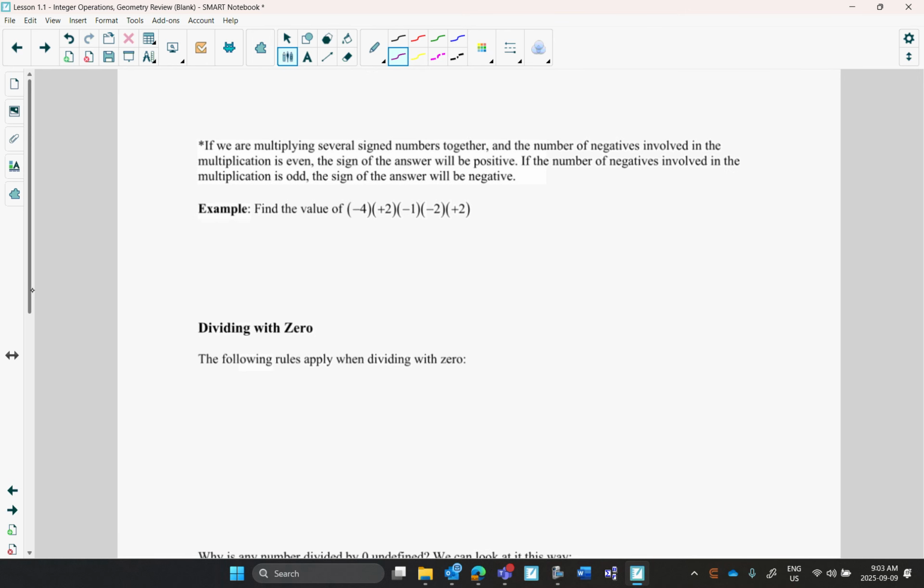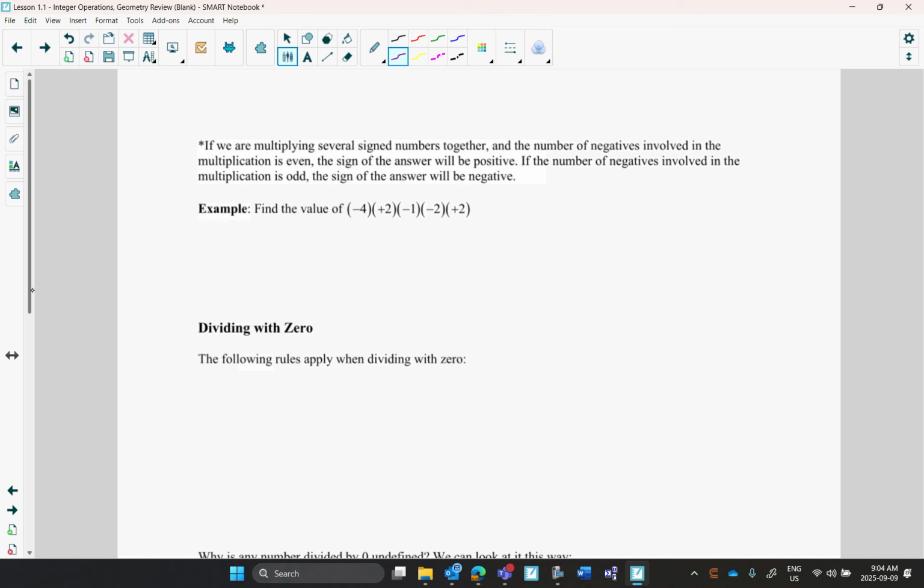What would you do if you had a string that you're multiplying together? If you think about it, when you're multiplying a whole bunch of numbers together, if there's an odd number of negatives, like 1 negative, 3 negatives, 5 negatives, 7 negatives, and so on, the answer has to be negative.